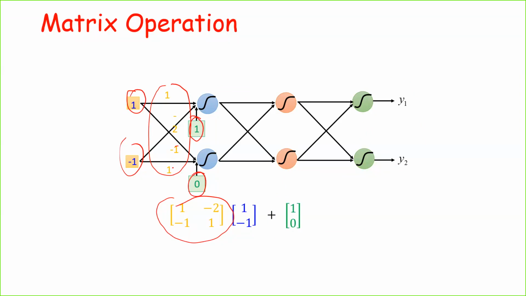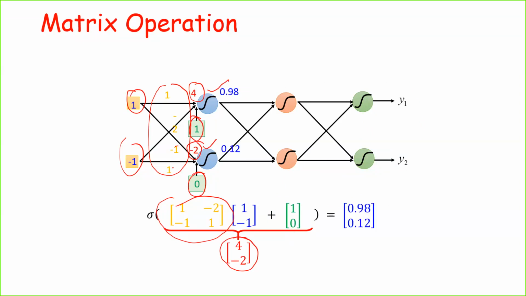Give this to the sigmoid function. So this is the net sum that you're getting, 4, -2, 4 and -2, net sum at this node, net sum at this node. Now give this to the sigmoid function, you will get 0.98, 0.12. Again, repeat the process. Give this as an input for the next layer.